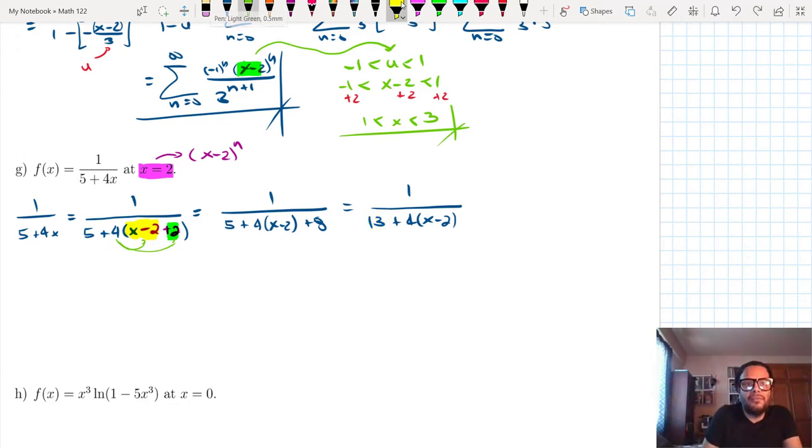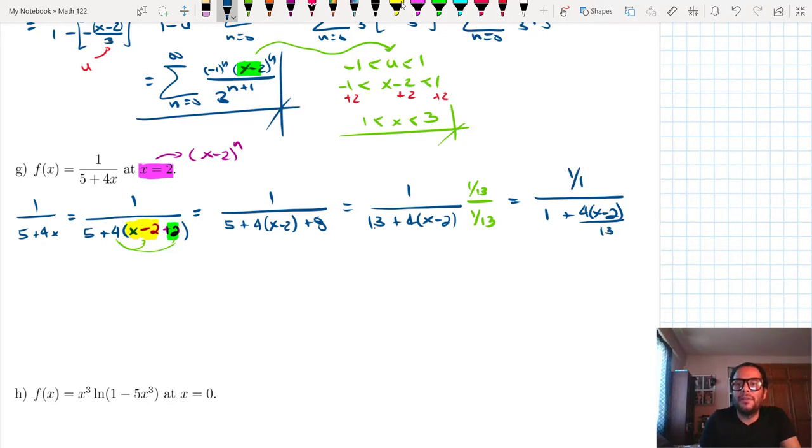So the trick is to divide and multiply by 1/13th. So when we distribute here 13 times a 13th, this gives us 1 plus 4 times x minus 2 over 13, and 1 over 13 in the numerator.